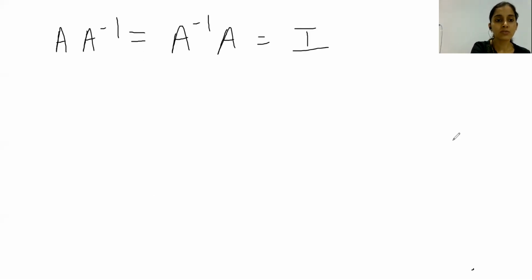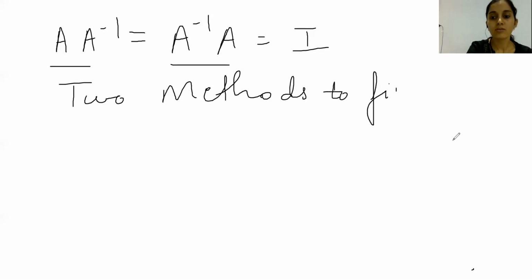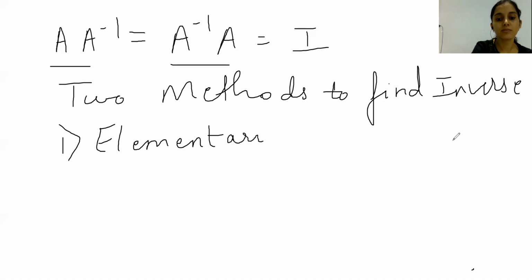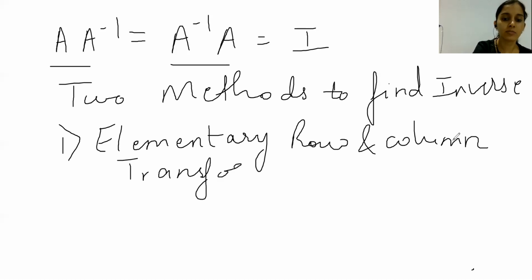Now we need to know how to find this inverse. For that, there are two methods. What are these two methods? The first one is called elementary transformations, elementary row and column transformations, and the second one is called the adjoint method.